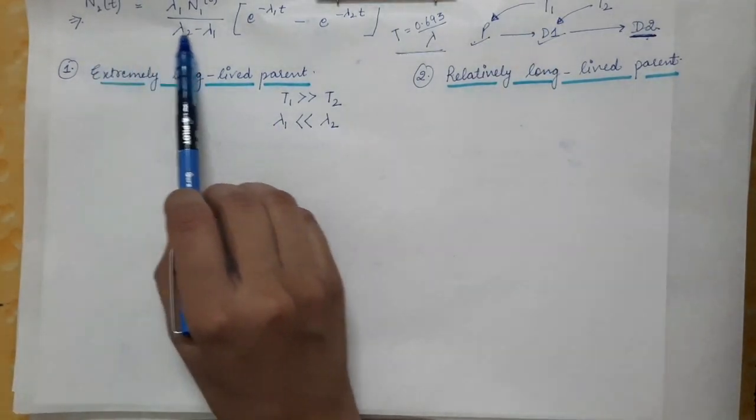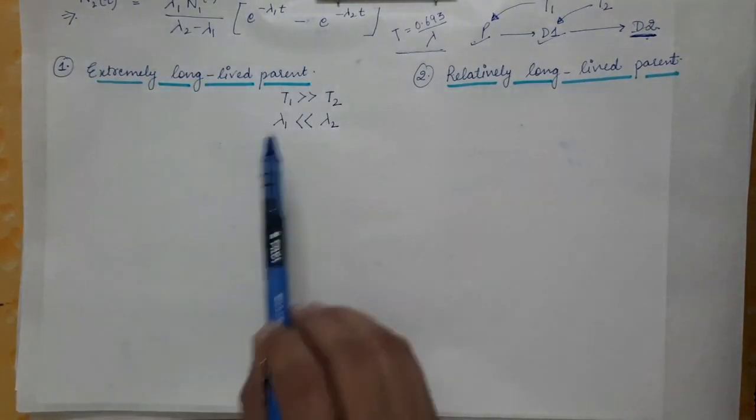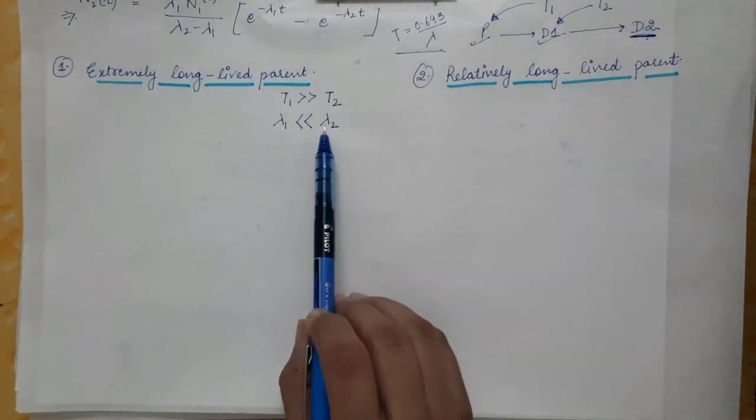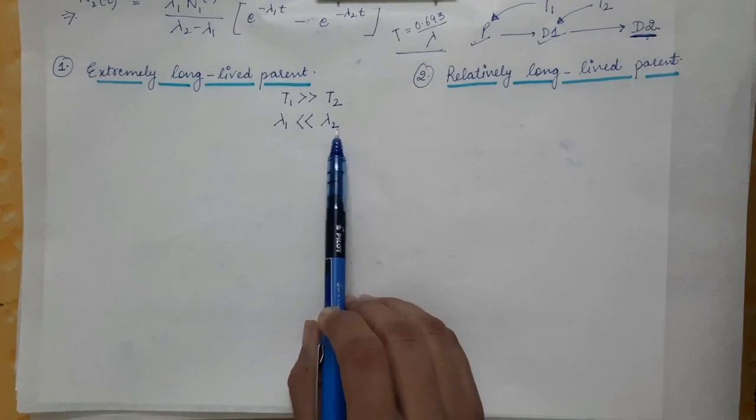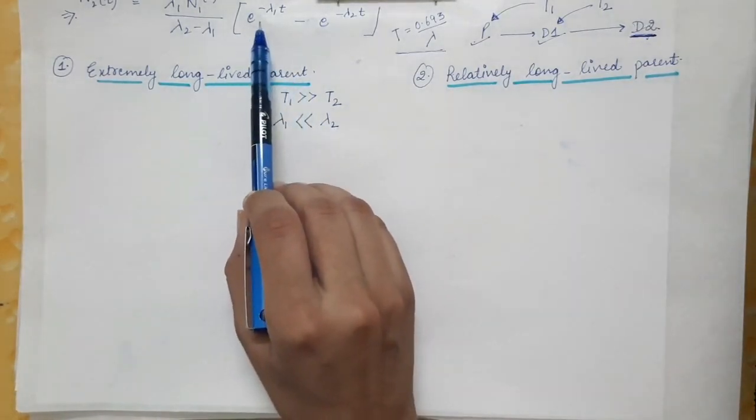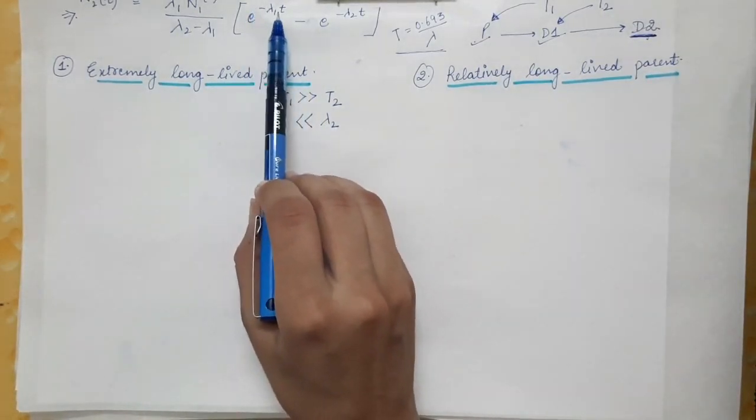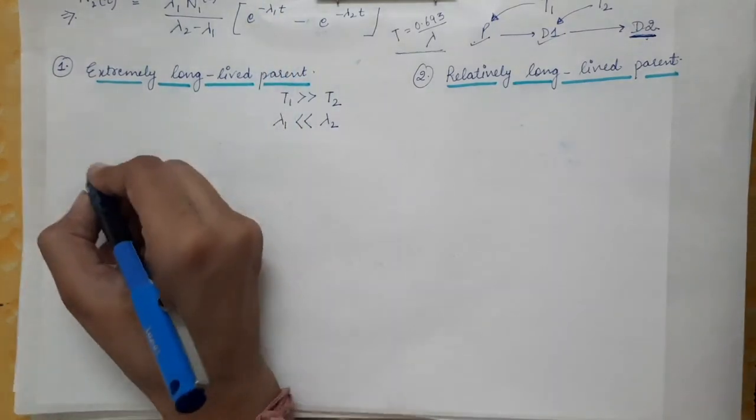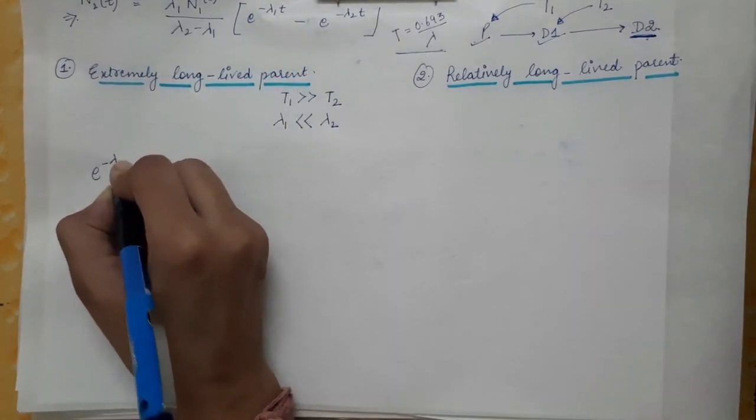So what form will this formula take when lambda 1 is very less as compared to lambda 2? Here we have this term e power minus lambda 1 t.